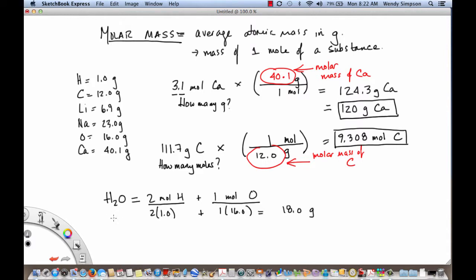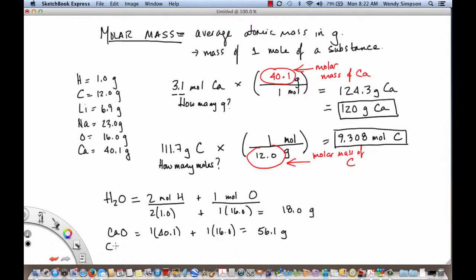If we want to find, for instance, the molar mass of calcium oxide, this would equal 1 times the molar mass of calcium, which is 40.1, plus 1 times the molar mass of oxygen, which is 16. So we have 40.1 plus 16, and this equals 56.1 grams.